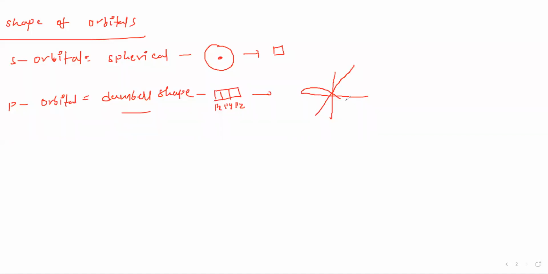This is the Px orbital, dumbbell shape. This is Px, and Py, Pz.